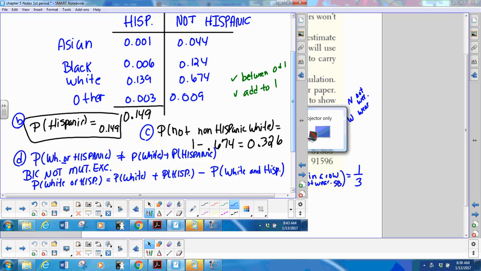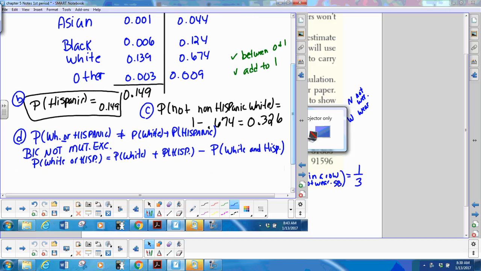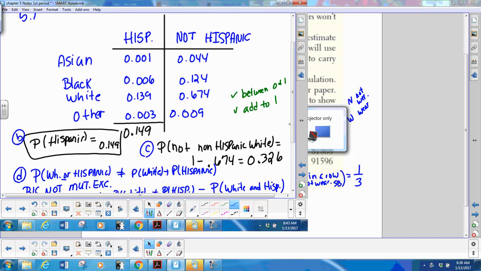And remember what math operator we associate with "and": we're going to have to multiply there. We've already found the probability of being white. Well, actually we haven't found it, but if you want to find it, it's right here. The probability of being white is 0.813.